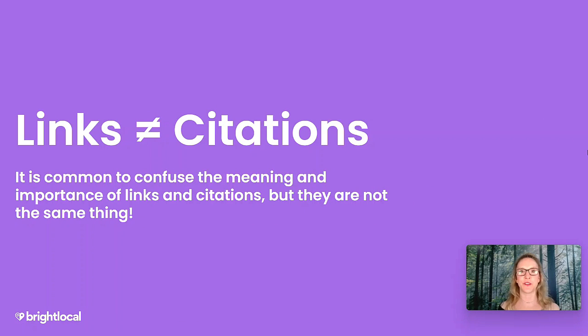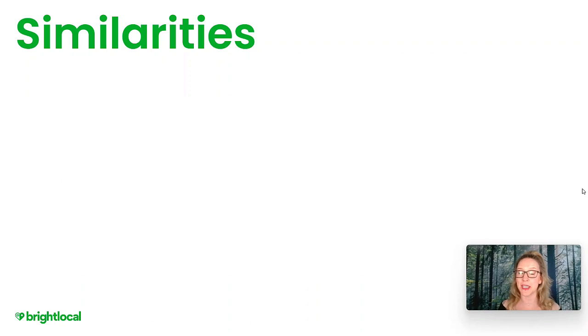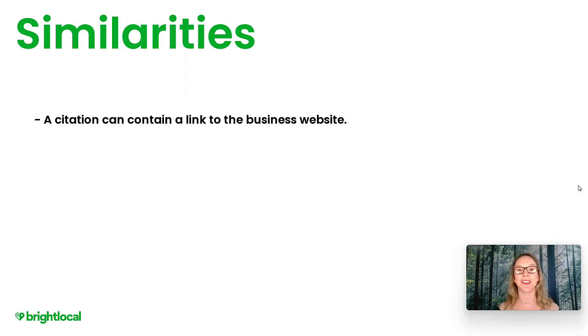Let's talk about the difference between links and citations. There's a very common misconception that links and citations are the same thing. This is not the case. However, there are some similarities and ways that they can complement each other. Diving a bit deeper into this, the similarities are that a citation can contain a link to a business website.